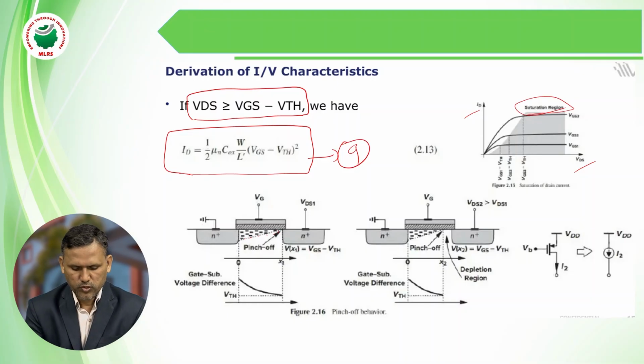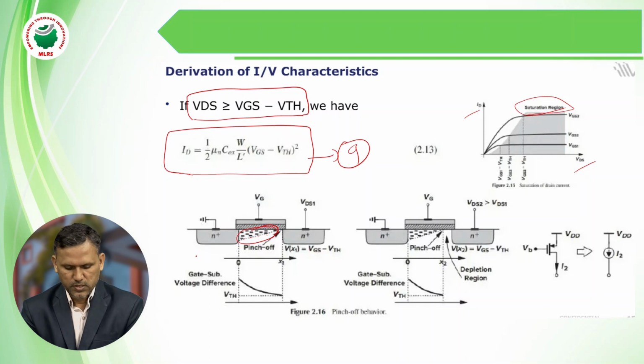So if it is more positive, this effect we can observe due to VDS, and at a certain voltage there is no channel between source and drain. So this point is called pinch off. If you go on increasing this, the channel reduces. So this area is called the pinch off region.